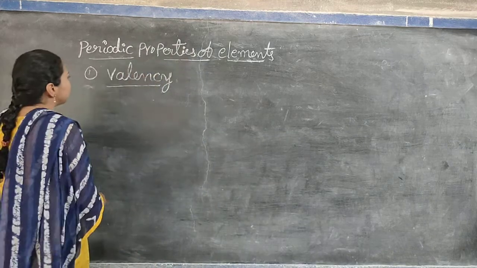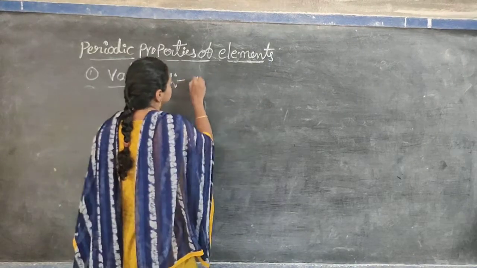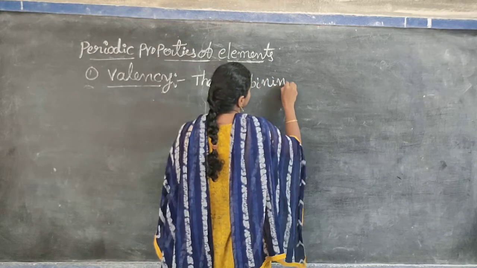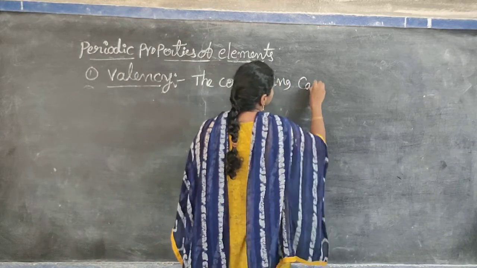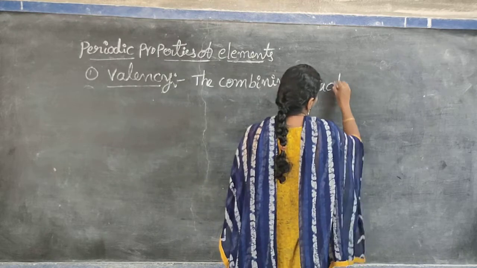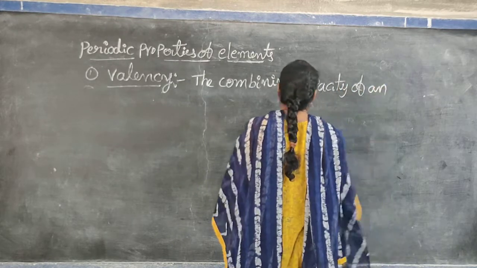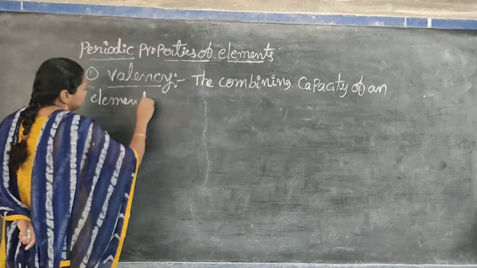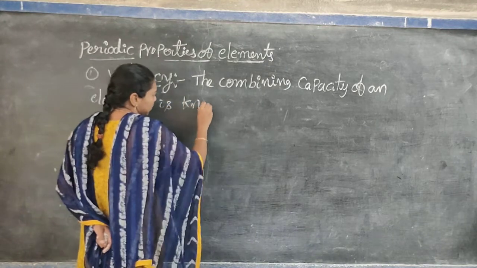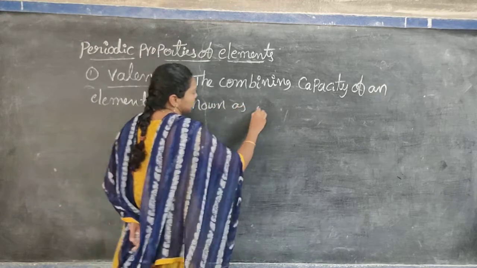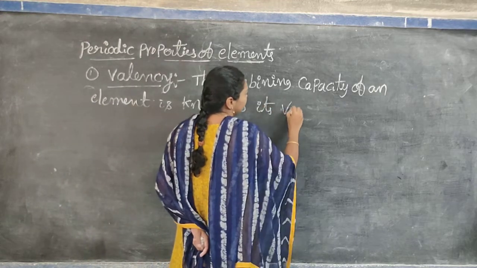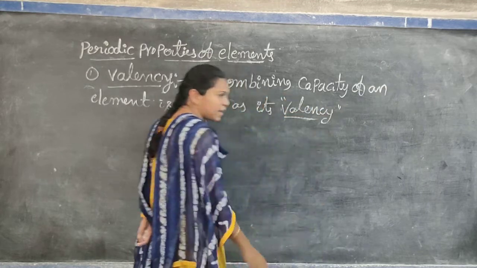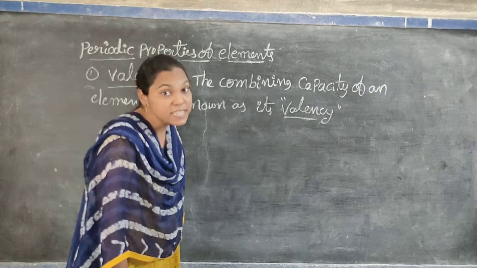So we can write the definition: the combining capacity of an element is known as its valency.